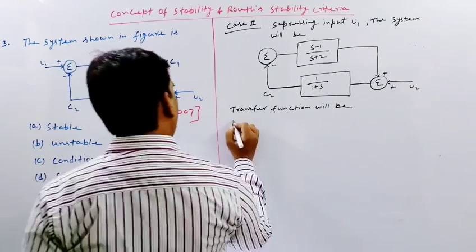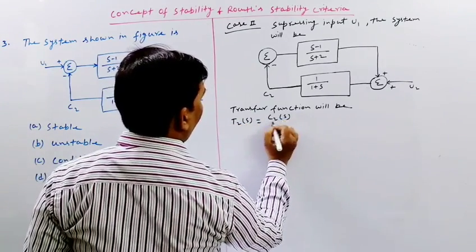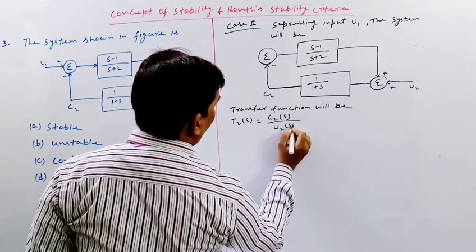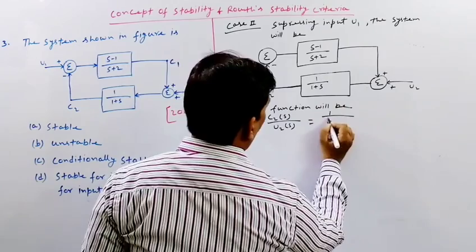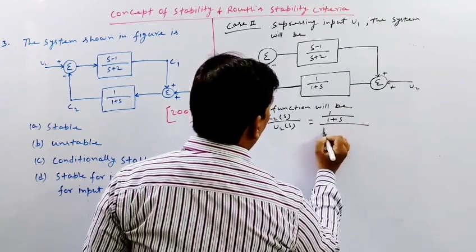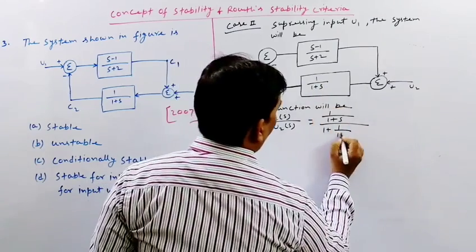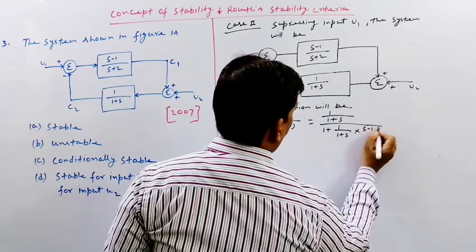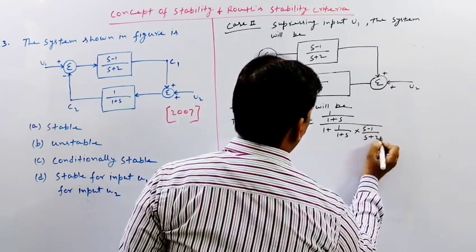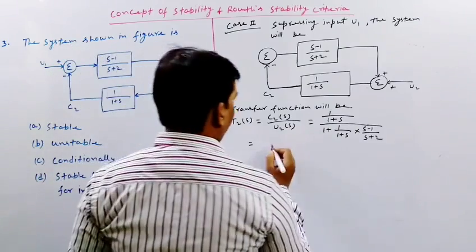So the transfer function T2(s) equal to C2(s) divided by U2(s) will be equal to G(s) divided by 1 plus G(s) into H(s). Here G(s) is 1 by 1 plus s. Now how much will we get?